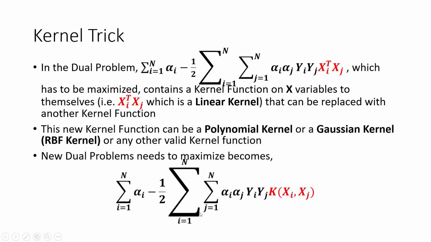Actually, when you are implementing it in the real world, you don't have to remember all these things. What you have to know is the kernel type that you are going to use, whether it is a linear kernel, polynomial kernel, or a Gaussian kernel, right? Then you don't have to worry about these dual problems and so on with language implementations like Python.